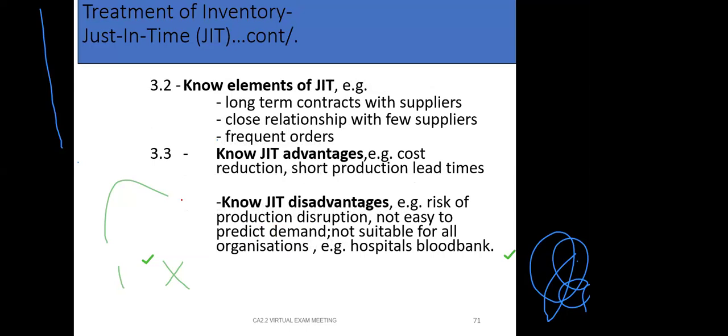When they deliver, the raw material should be defect-free. Then one other element is that there are frequent orders, because you produce only when you receive orders. So you also ask the supplier to supply when there's an order. So in a JIT system, one feature is frequent orders.